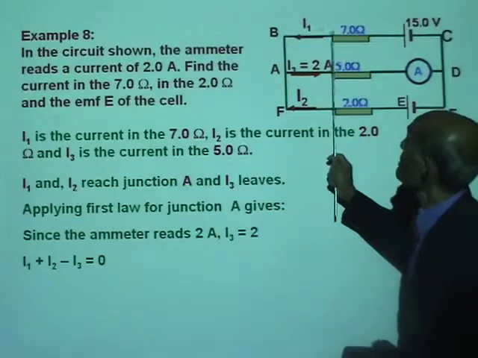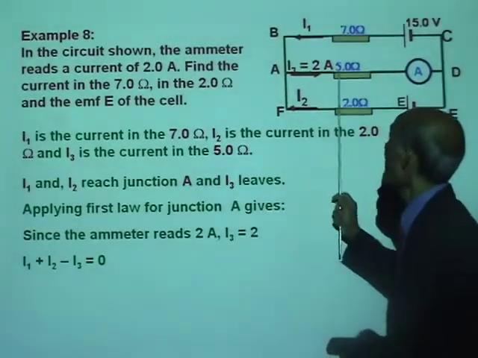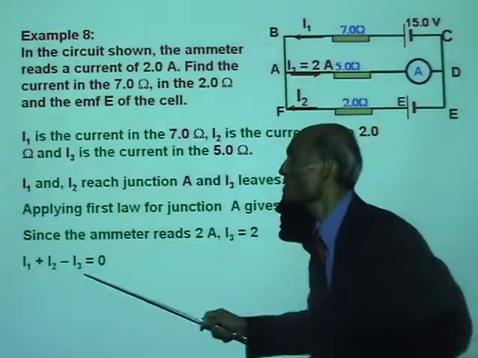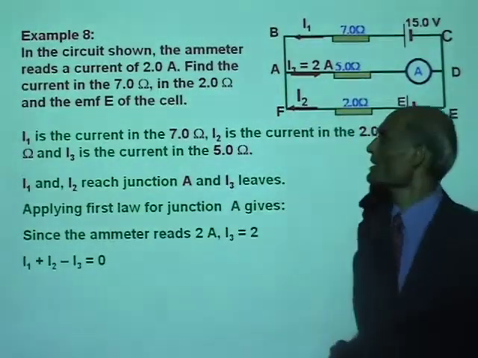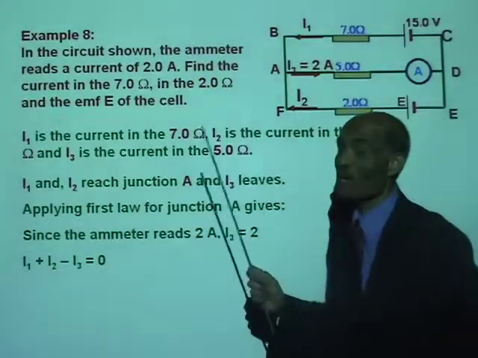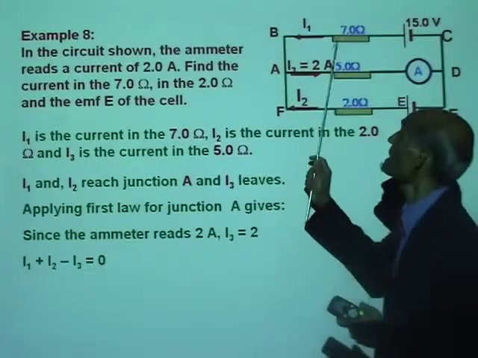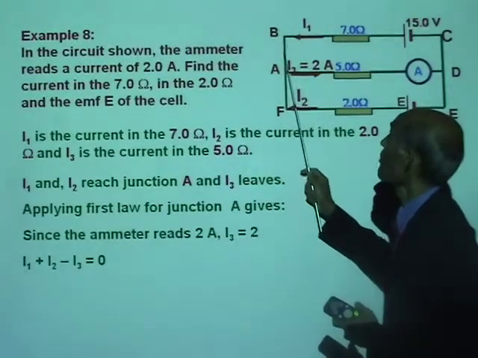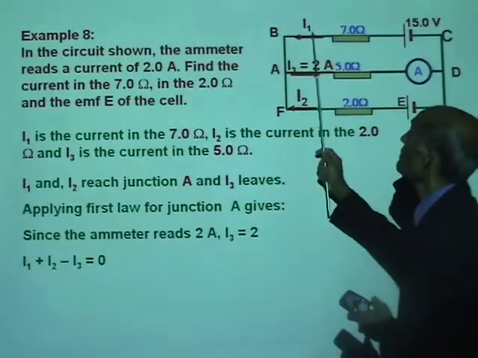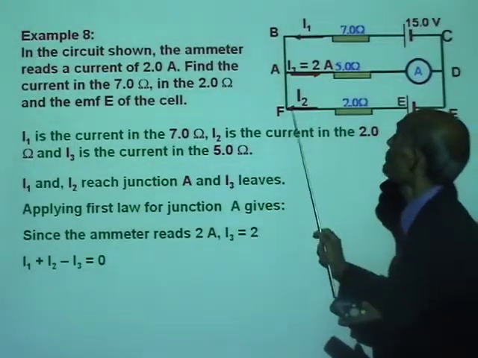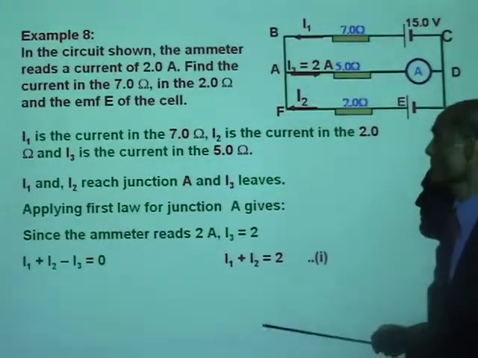Look at the equation we're going to write. I1 plus I2 minus I3 equal to 0. That is how we apply the first law. The algebraic sum of the currents meeting at a point is 0. Don't make a mistake there. Current reaching a point is positive and current leaving is negative. So I1 plus I2 minus I3 equal to 0.